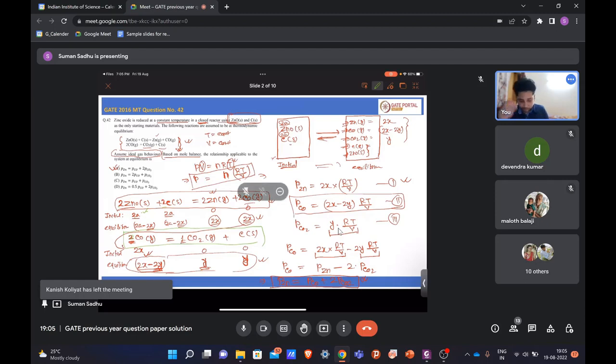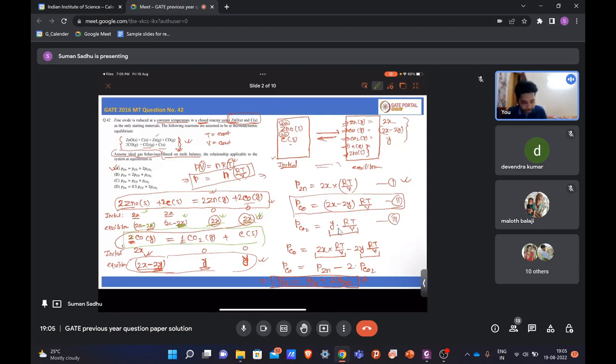Now if you assume that at equilibrium, from this 2A mole of ZnO, 2x mole of ZnO is dissociating, it will react with 2x mole of carbon, and it will form 2x mole of Zn and 2x mole of CO, right? Because you can see the ratio is 1 is to 1 is to 1. So if 2x mole is dissociating, 2x mole will form.